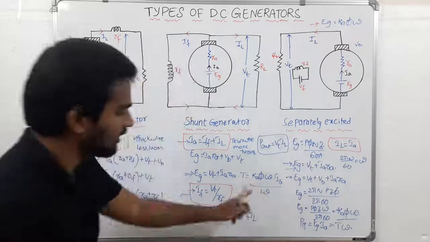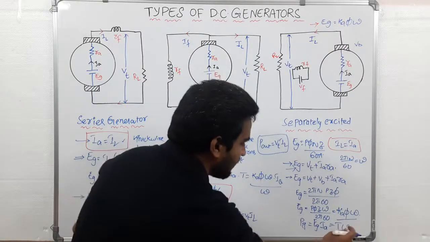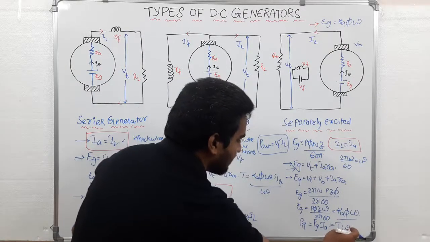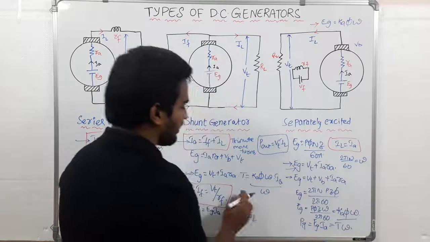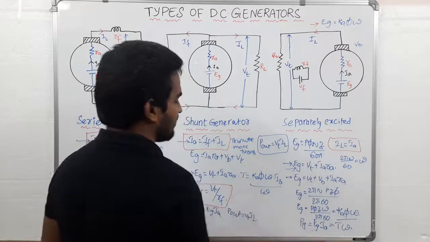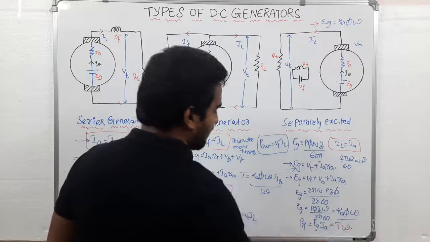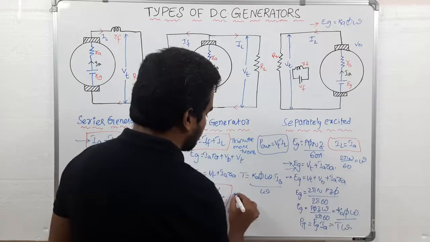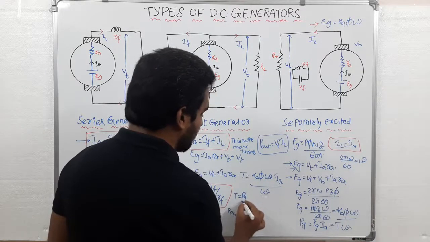If we bring this omega to the denominator in the power equation, power P equals T into omega, so T equals Pg by omega.